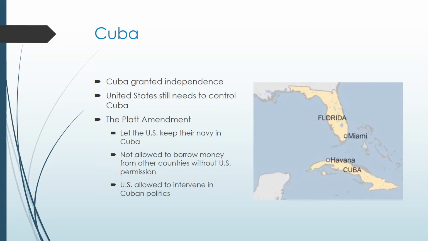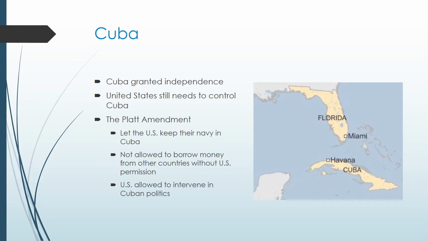So the United States kind of sneaks around its promise not to take over Cuba by basically forcing Cuba to pass the Platt Amendment. And the Platt Amendment basically puts the United States in charge of Cuba, even though Cuba remains technically independent. So the Platt Amendment allows the United States to keep their navy in Cuba.